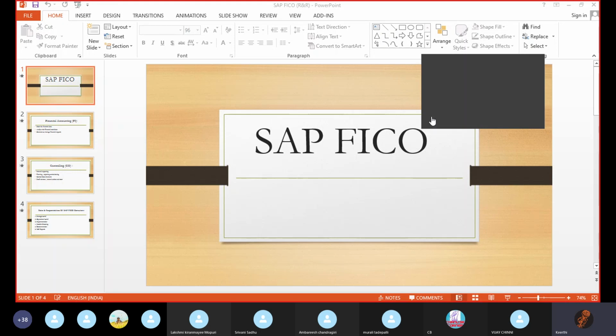SAP includes different modules: technical modules and functional modules. The technical modules are Basis and ABAP, and the functional modules are FICO, MM, SD, PP, etc.